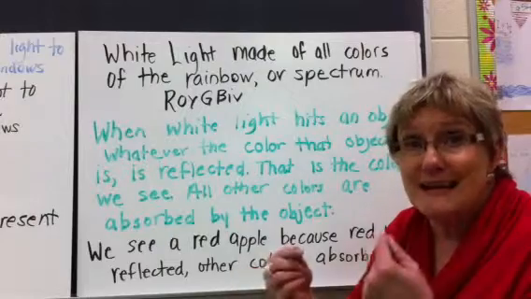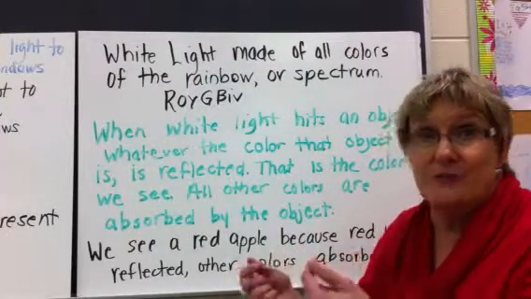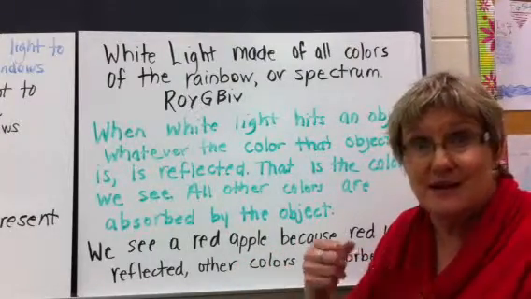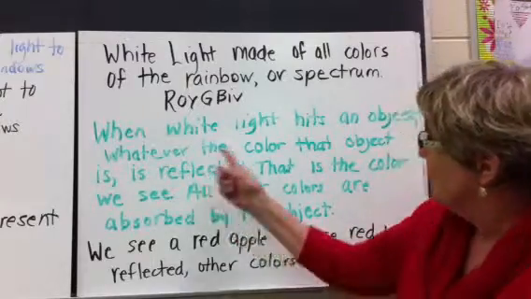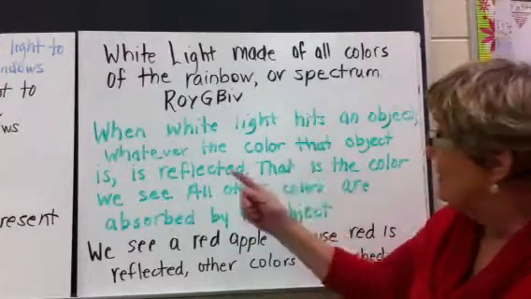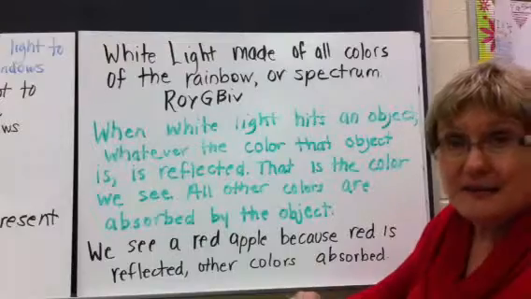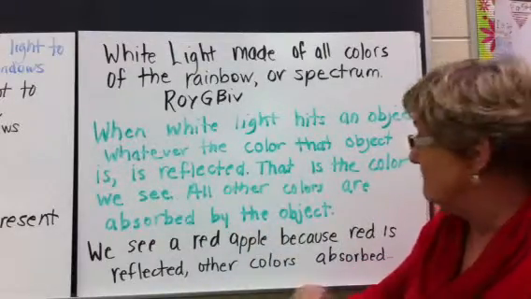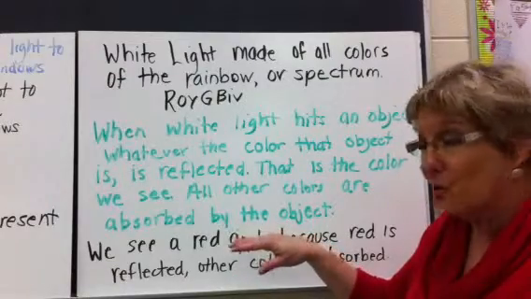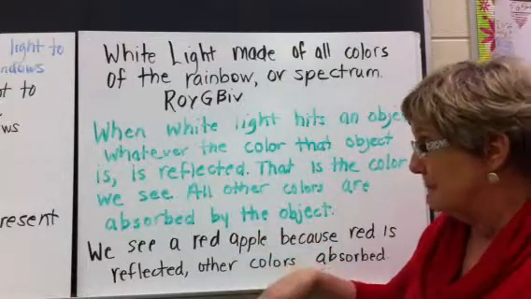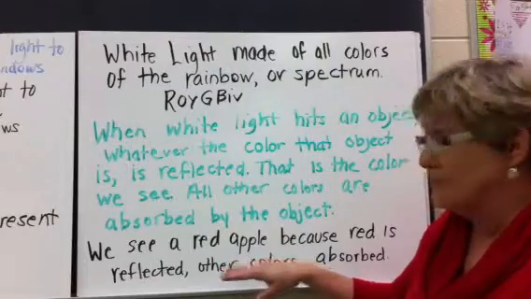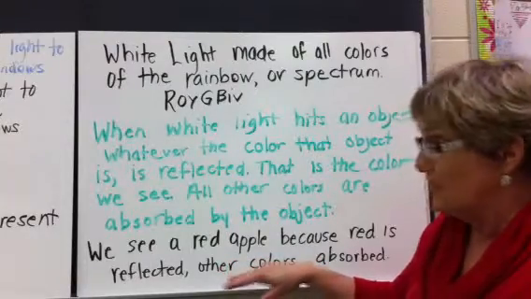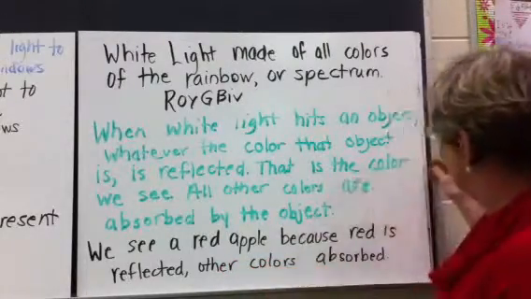So we see the color that is reflected. All other colors are absorbed by the object. We see a red apple because red is reflected, other colors absorbed.